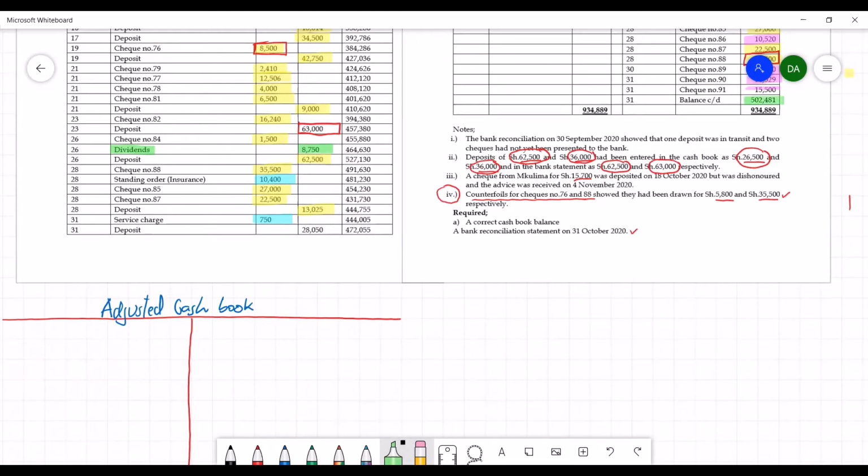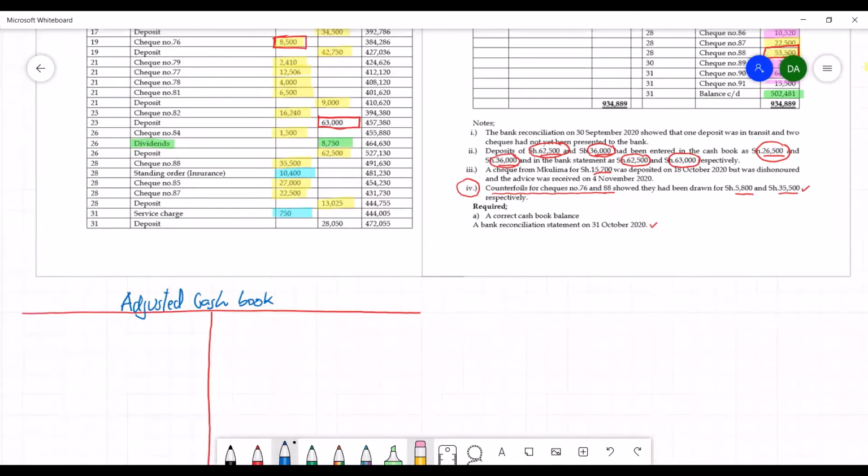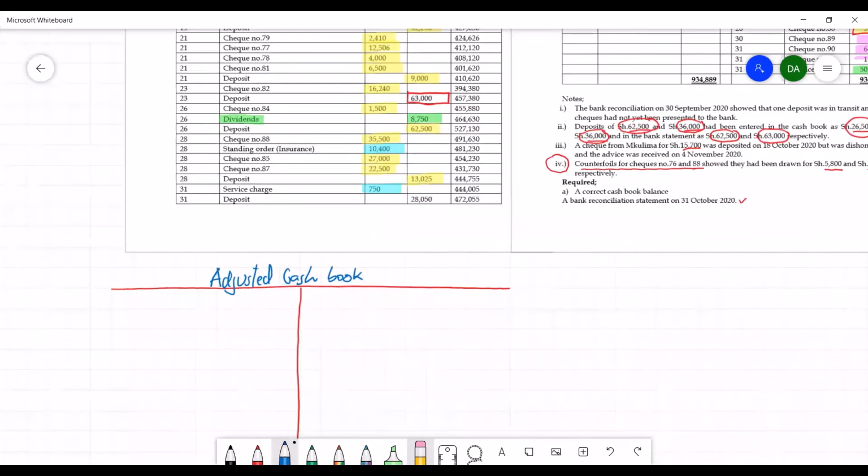Now, this amount of 502,481 is appearing on the credit side, and that means that the debit side is greater. Therefore, it is known as a debit balance and should be recorded on the debit side as balance brought down, 502,481. Then adjust it with the following items.